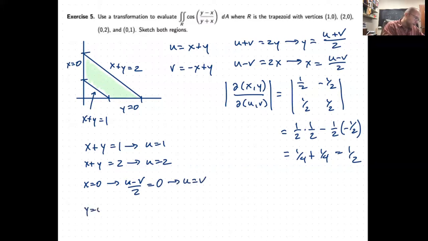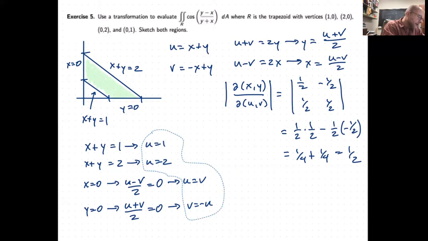And then y equals 0 is going to be u plus v over 2 equals 0. And when you solve for it, then you can say v equals minus u, or put the minus whichever way you want to put it there. Okay. So I'm going to go ahead and copy those off there like I did last time. And I'm going to add a page.